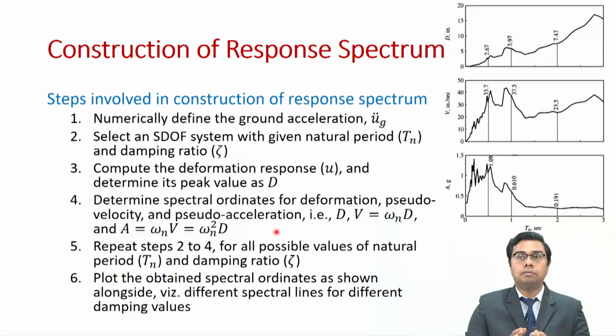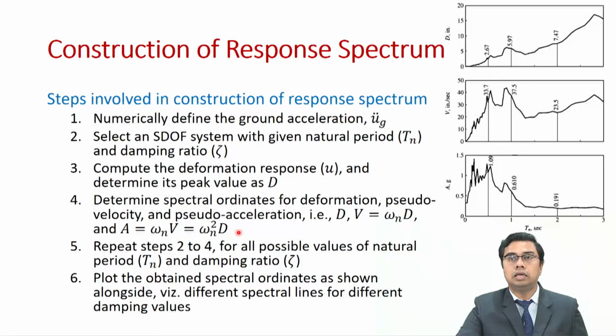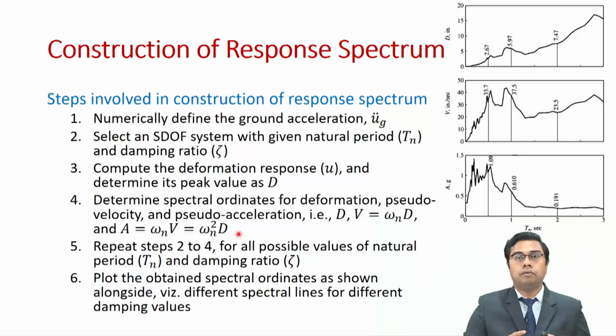Okay, after obtaining the value of D, V and A for that single degree of freedom system, we will repeat the steps 2 to 4 for other single degree of freedom systems with varying values of natural period and damping ratio, and we will consider all the values corresponding to single degree of freedom systems having the same damping ratio and plot them to obtain the spectral ordinate.